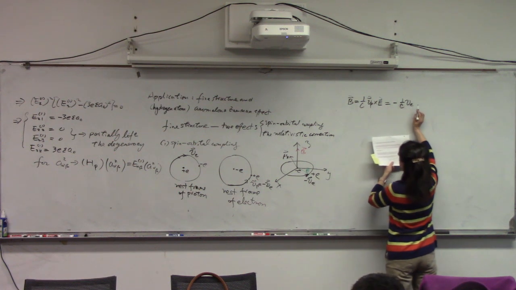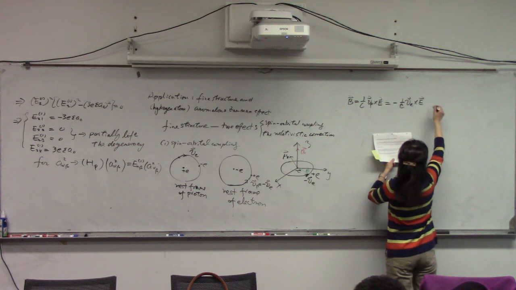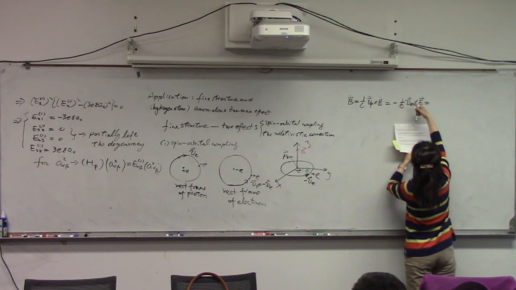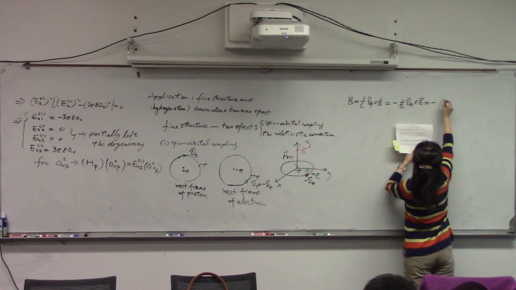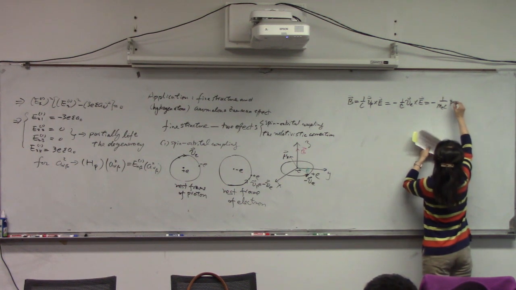Okay, and then if I replace the velocity of the proton by the velocity of the electron, so negative, the B is the field. Now I'm going to use the term of momentum, linear momentum, so multiplied by m_e and divided by m_e. So here, negative 1 over m_e c, and then the linear momentum.